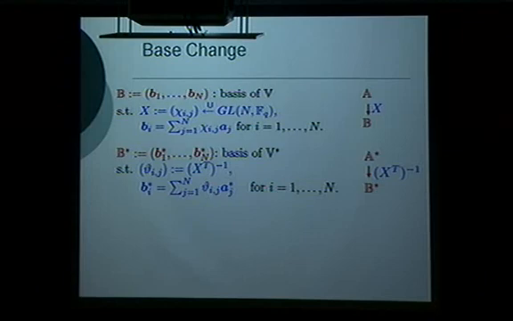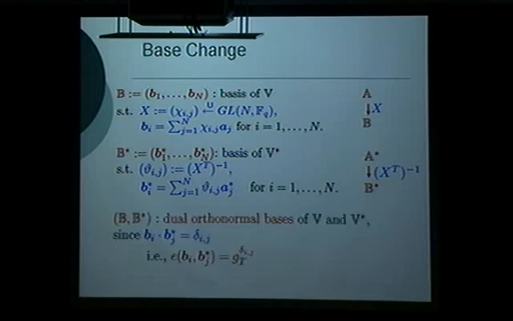As I mentioned, A and A star are orthonormal bases. By using this type of transformation, X and X inverse transpose, B and B star again become orthonormal. This is a very nice property.